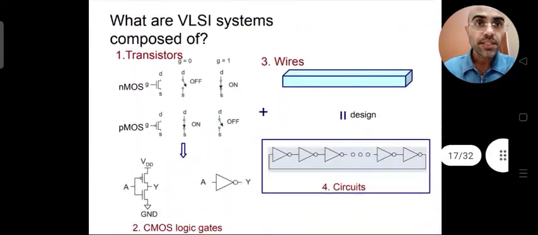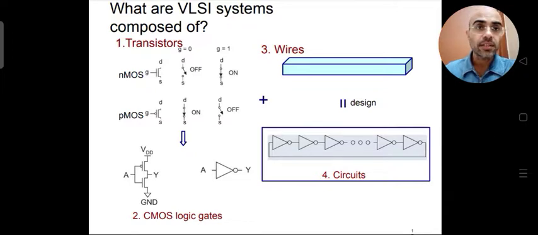So let's see, and we'll also see the VLSI components. When we talk about VLSI systems, these systems consist of various components. The basic component is obviously the transistors, because all the switching or all the circuits which you see are made by transistors only. So the transistors will form this basic component.